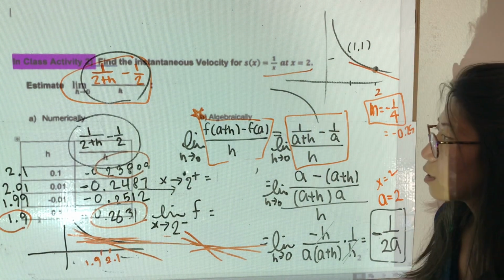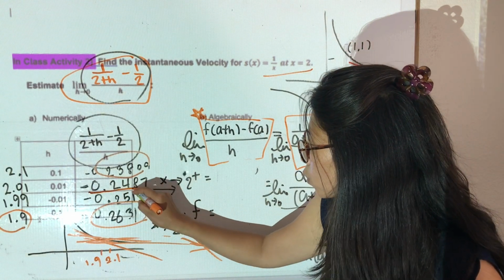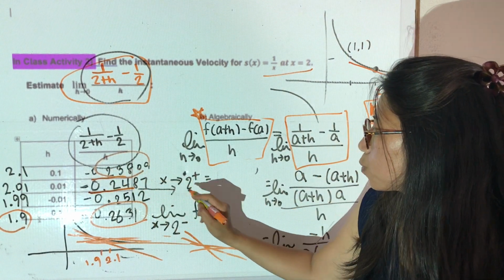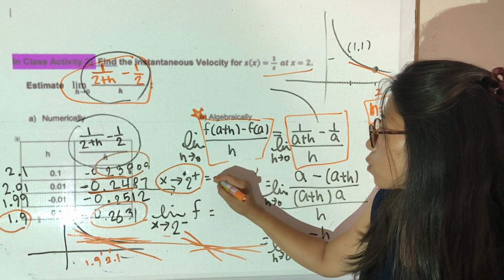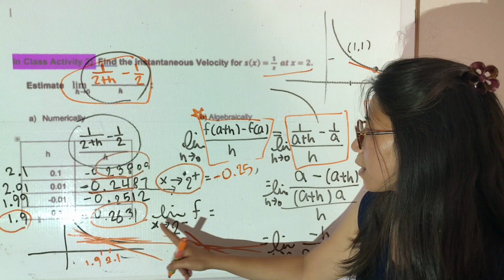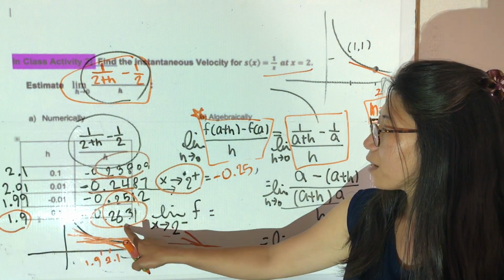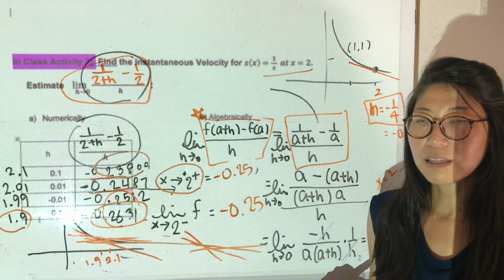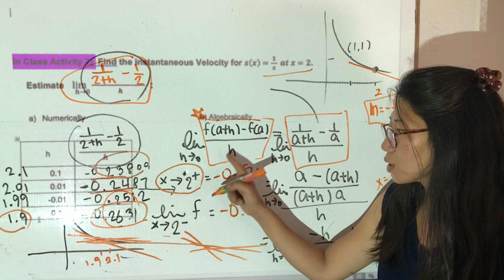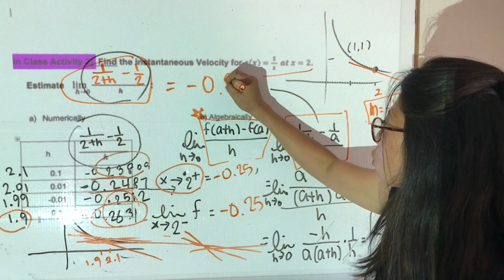Then what is the limit at 2? As you see, 0.24, 0.3 is coming from the right-hand side of the limit toward negative 0.25, and the left-hand side of the limit is also coming from the negative side. So I can say that my limit exists and it's heading to negative 0.25.